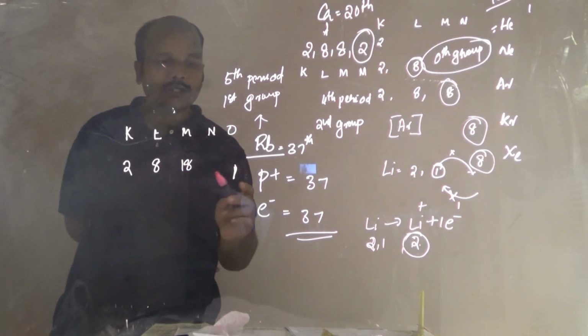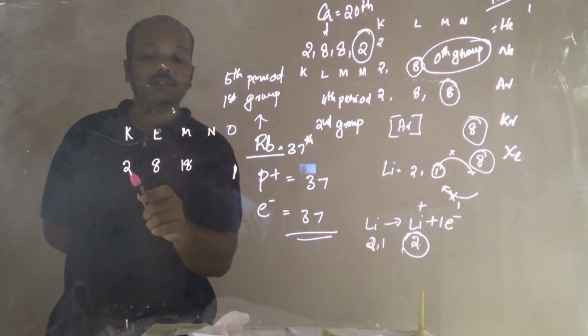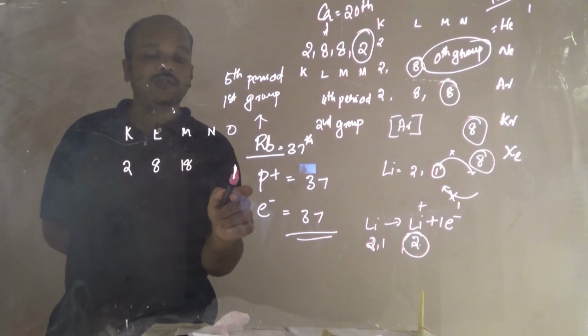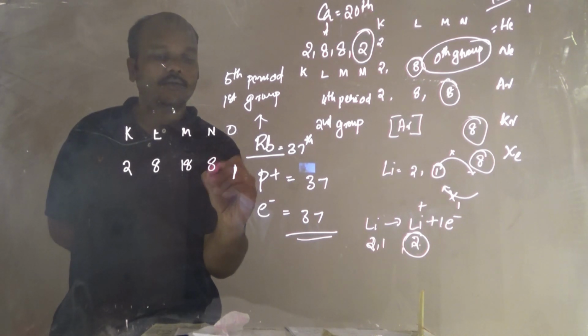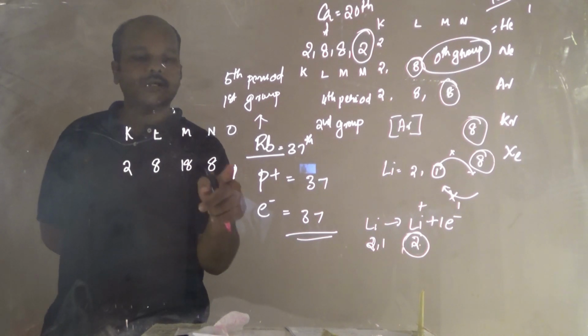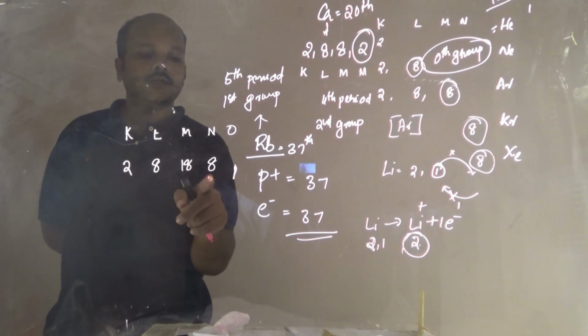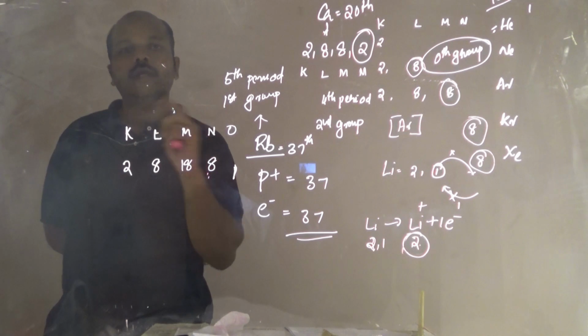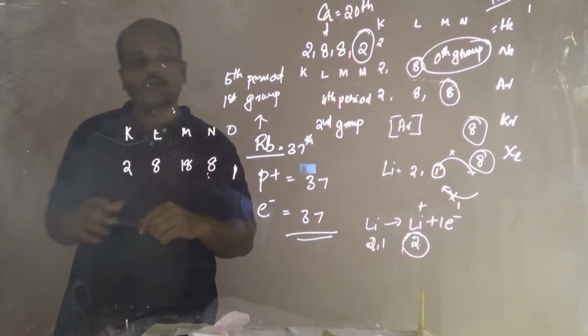Now how many are filled? 18 plus 2 is 20, 28, and 29. The remaining is supposed to be 8. Let's check: 8 plus 2 is 10, so again 10, 28, 29 and 37, right? So this is the way you can easily write it once you know the period.